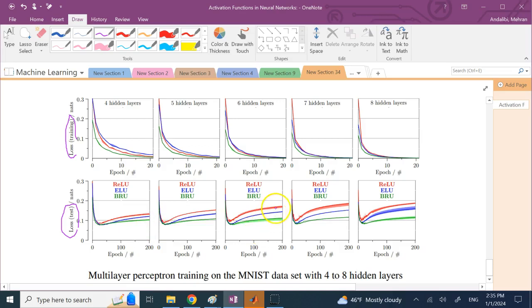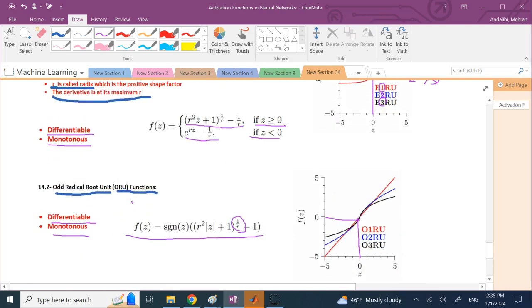And on the test data, you clearly see that it is doing a significantly better job compared to the training data. Okay, and they used it on, I guess, encoders. They used it on convolutional neural networks, and in almost all of them, it seems like BRU is outperforming ReLU and LU functions.